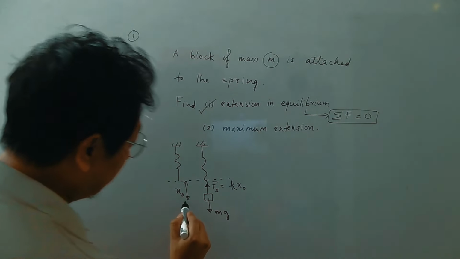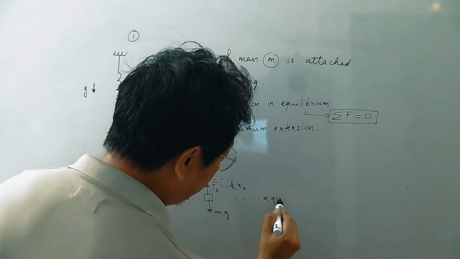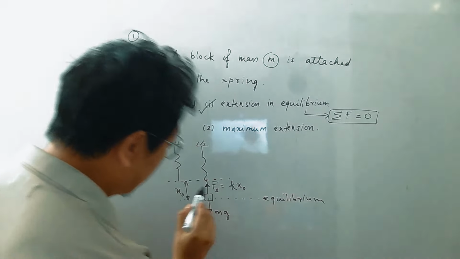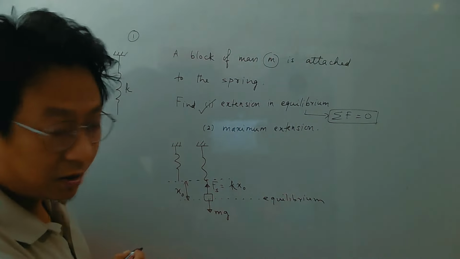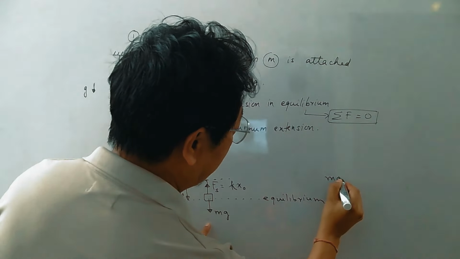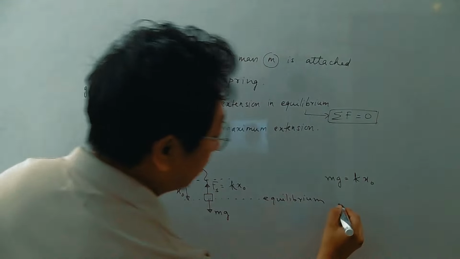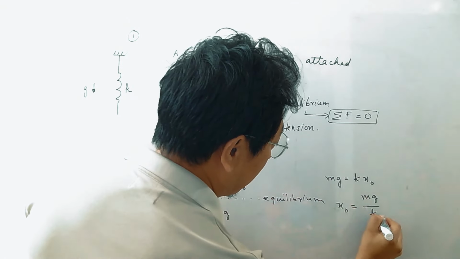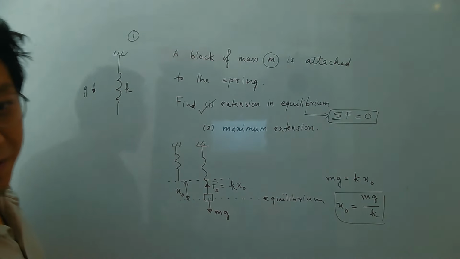So if I assume this is the position where the block is in equilibrium, then the net force should be 0. That means mg should be balanced by kx naught. So what will be the extension x naught? Mg by k. So that would be the answer for the first question, right?